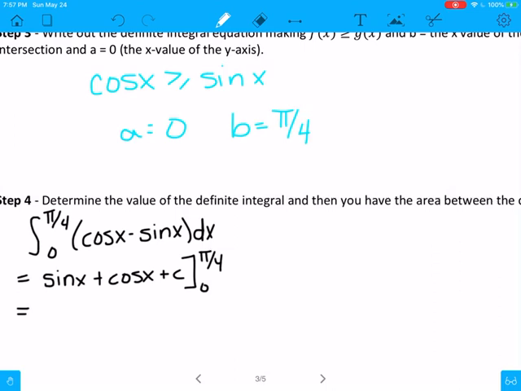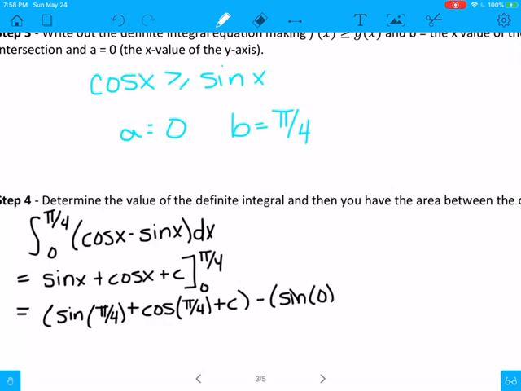So I'm going to get sine of pi over 4 plus cos of pi over 4 plus c, minus sine of 0 plus cos of 0 plus c.